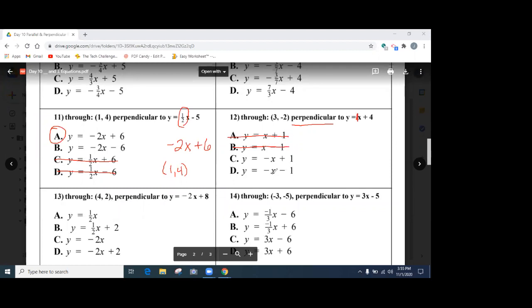This is telling me that the perpendicular would be negative 1. And that's correct. If I take 1, which is 1 over 1, and I flip it and change the sign, if I flip it, it becomes negative 1 over 1. And so negative x plus 1 is my negative 1.